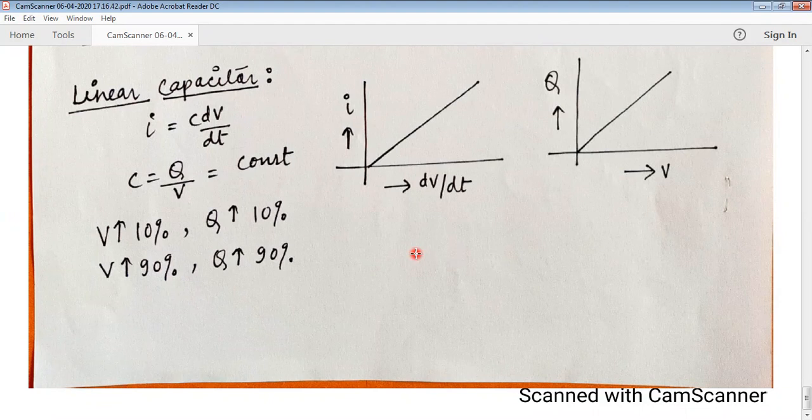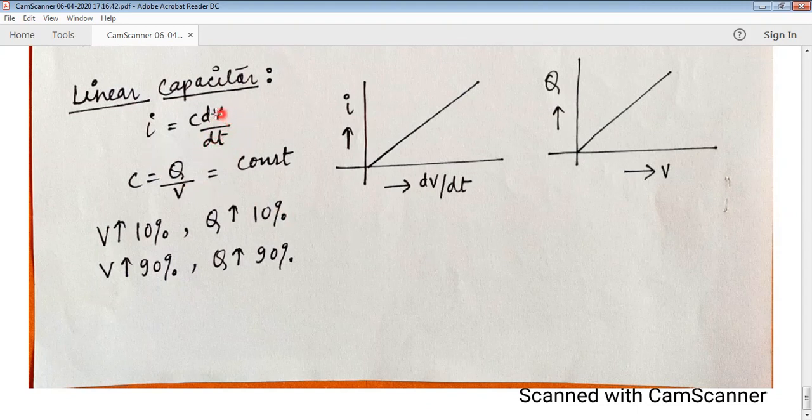Now listen to some conclusions about the capacitor. Under steady state condition for DC supply, when you are giving the input as a DC supply, the capacitor always behaves as an open circuit. Why open circuit? See here, I equal to C dV by dt. Under steady state condition, this voltage will be constant.